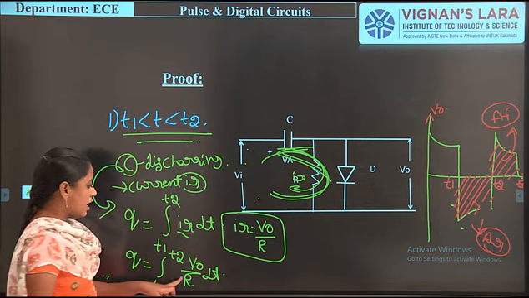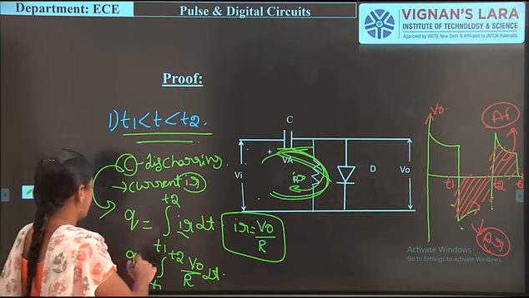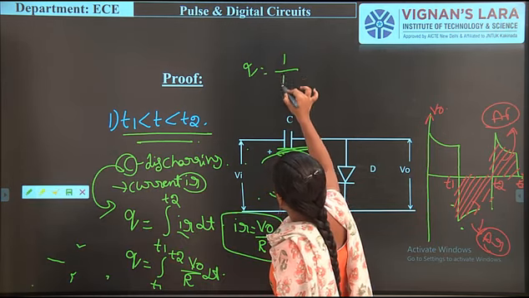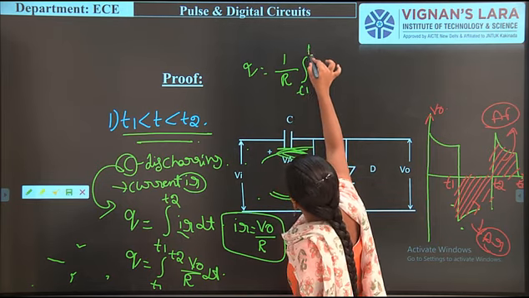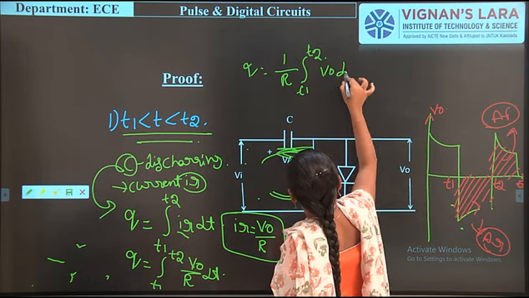Taking 1 by R outside, Q is equal to 1 by R integral T1 to T2 of V naught into dt.